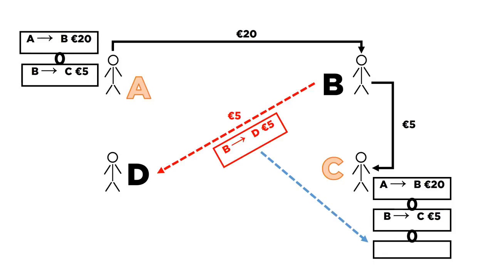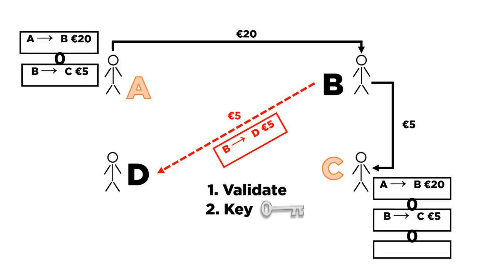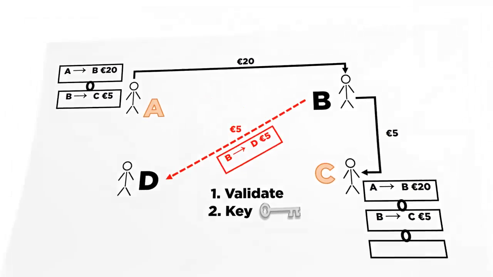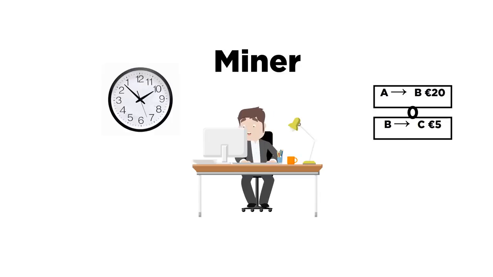Let's understand what it takes to win this race. A miner needs to do two things. One, he needs to validate the transaction, which is easy because the ledger is open and anyone can calculate whether a person has enough funds to make the transaction. The second part is difficult, where the miner needs to find a key that enables him to actually add the new transaction to the ledger chain. So how does a miner find the key?